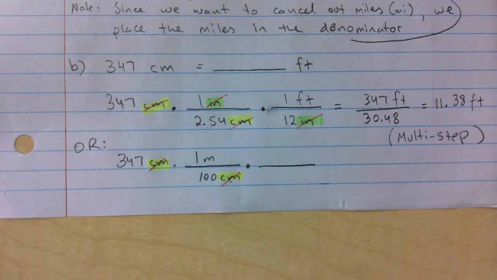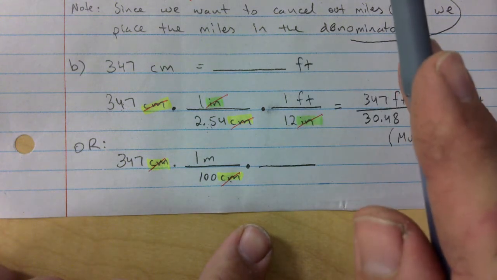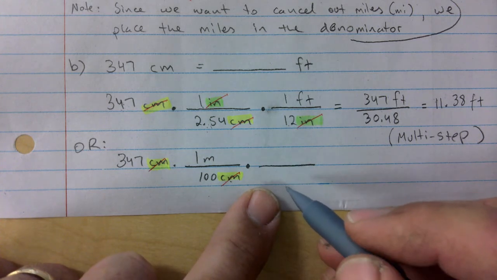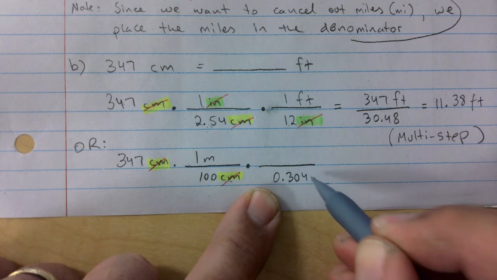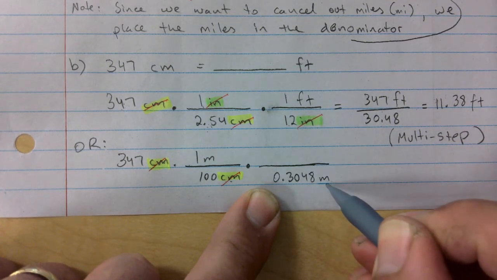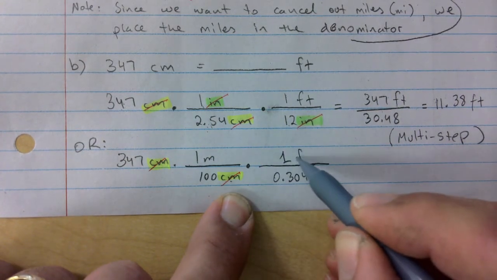Which one can I use now to get me to feet? What's that? Meters to feet, right? So we have up there, 1 foot has 0.3048 meters. So I'm going to put the 0.3048 meters down here because I want to cancel out those meters, and I will put the 1 foot up here.